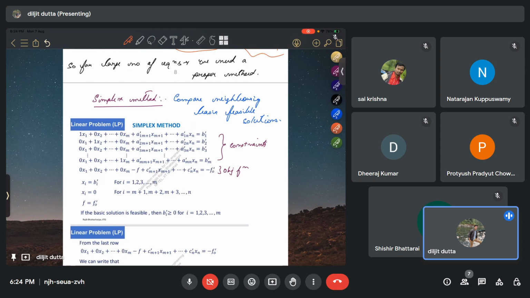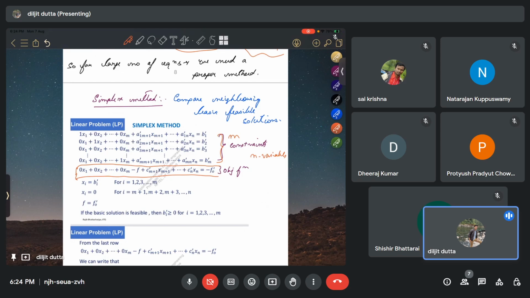So this is a simple linear problem that we have. We have a set of m constraints and n variables, and this is the objective function.